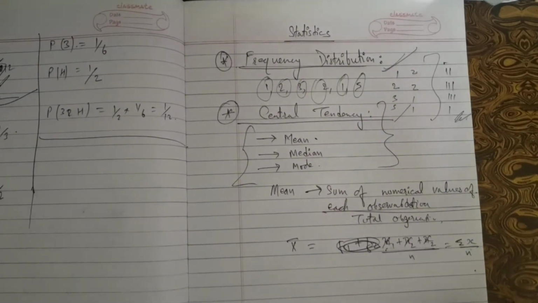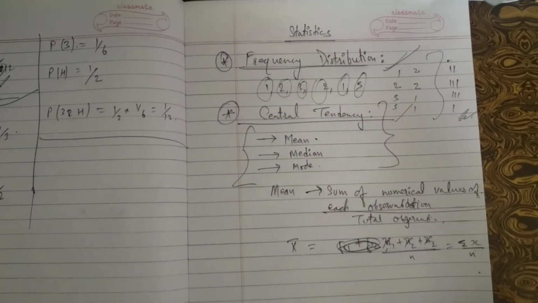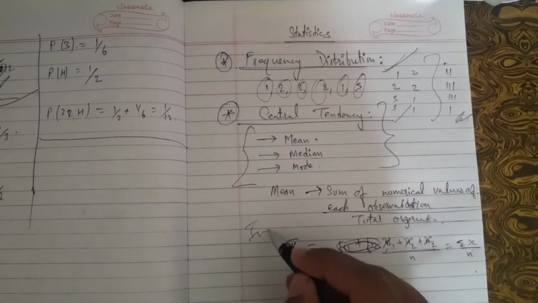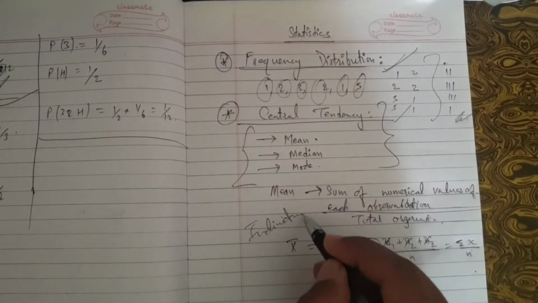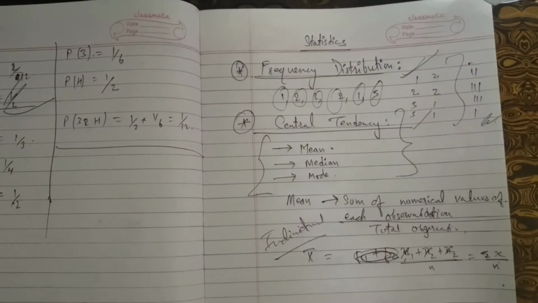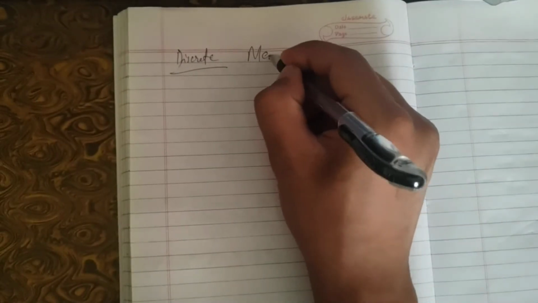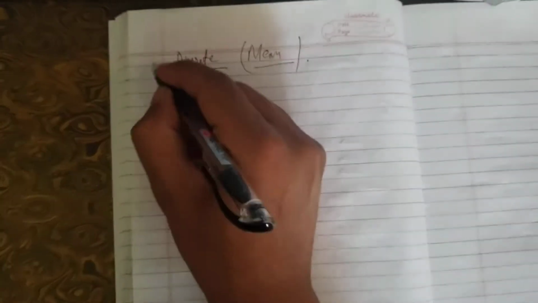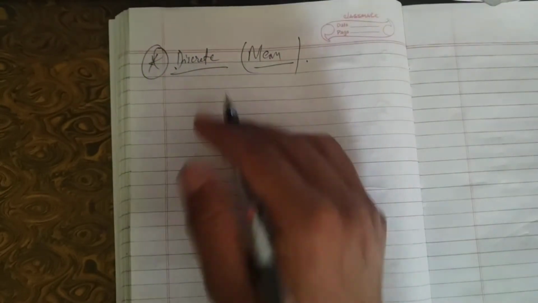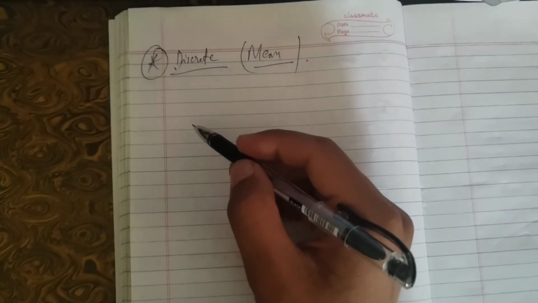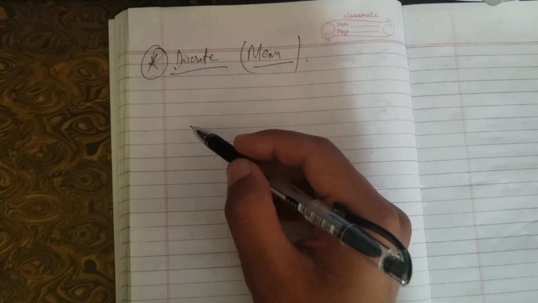And then in case of, so this is for individual, right? If we were to talk about the discrete one, in case of mean, always remember that for discrete, what normally happens is that you will be given the number and the frequency as well.